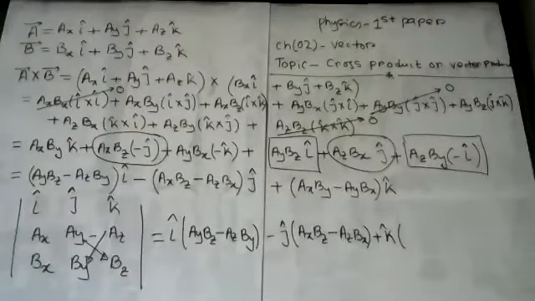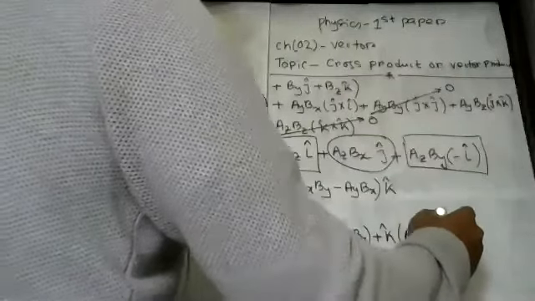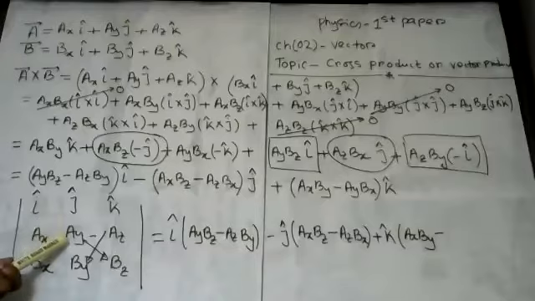For the case of k hat, ax is multiplied with by, minus the next one, ay with bx.